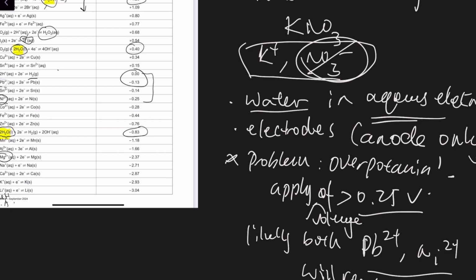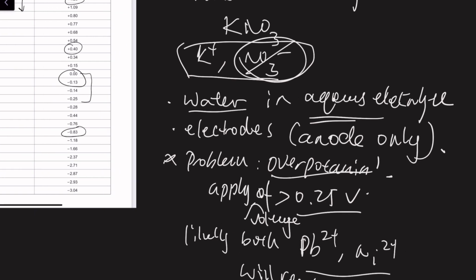If you apply overpotential, in other words too much voltage, then other reactions may happen. This is unwanted if you are only looking for the lead metal rather than the nickel metal. They really like to ask this kind of question in the exam, so be very careful about this.